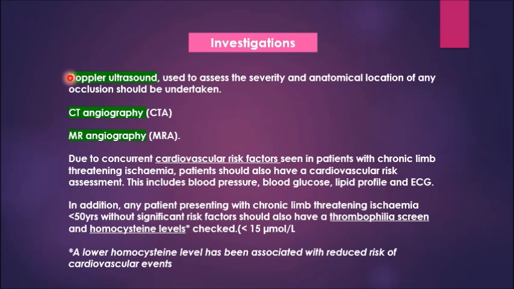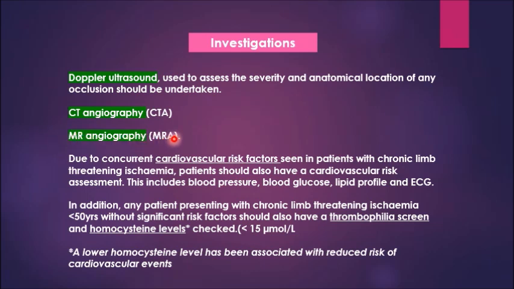All patients must be subjected to a Doppler ultrasound to assess the presence and site of the obstruction, and the severity of the obstruction. Next one is your CT angiogram, CTA, which is very, very important in patients where you are deciding whether you want to go for surgery or otherwise. And the other one is your magnetic resonance angiography, MRA. It's becoming more popular these days.